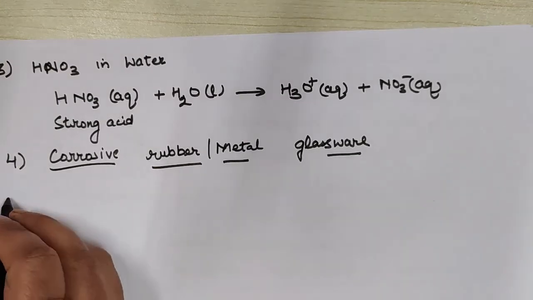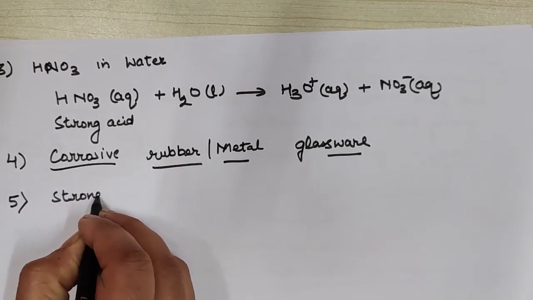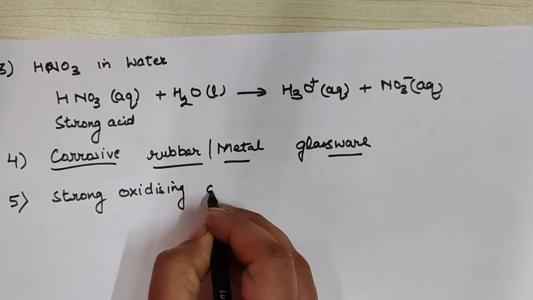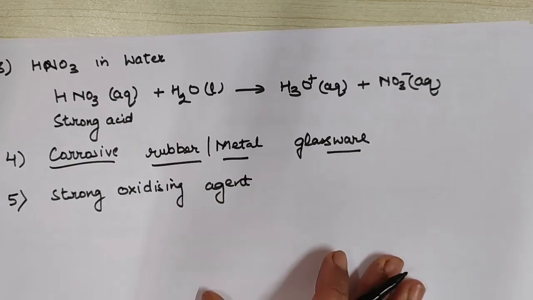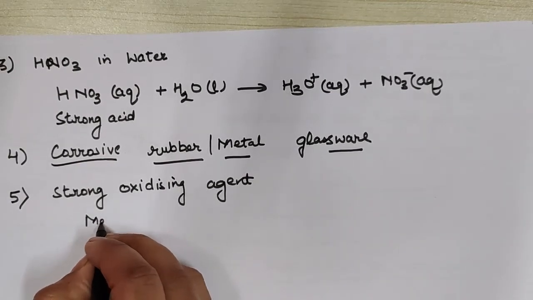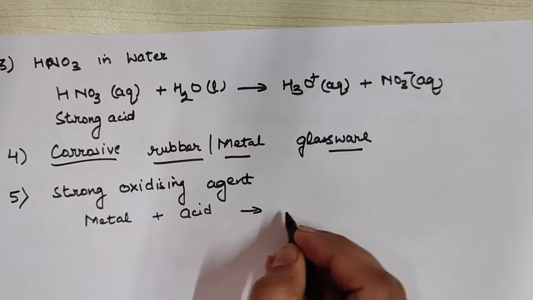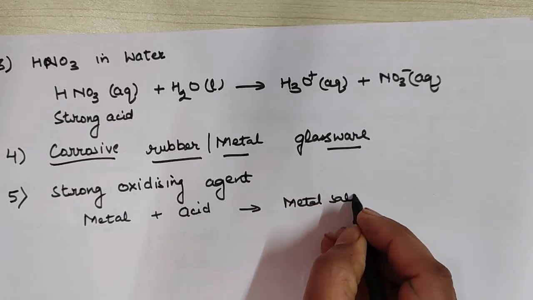Then the fifth point is that it is a strong oxidizing agent. If you remember, in class 10th you have done, when you put any metal in acid, you get metal salt, okay, and hydrogen gas is liberated.